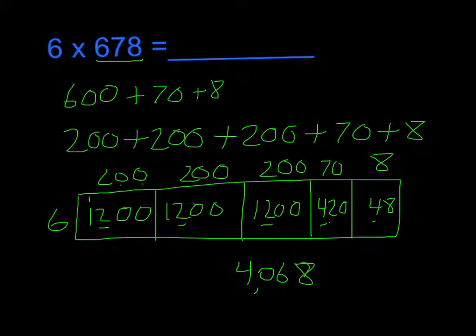So we get 4,068. So we're going to write that up here. 4,068. And that is our answer to 6 times 678 using distributive property.